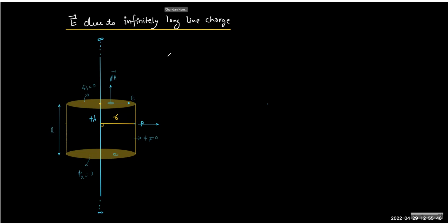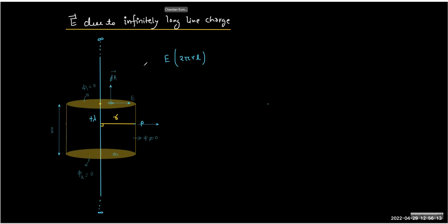So what we can write is E into the curved surface area. And the curved surface area is how much? If I say that E is the value of the electric field at every point on the curved surface, because that is symmetrically placed, it must have the same distance r.